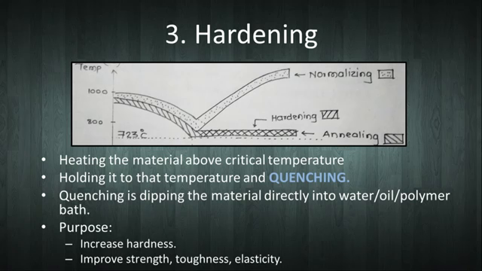As the name implies, hardening is used to increase hardness. Depending on the temperature of heating and rate of quenching, mechanical properties like strength, toughness, and elasticity are varied.